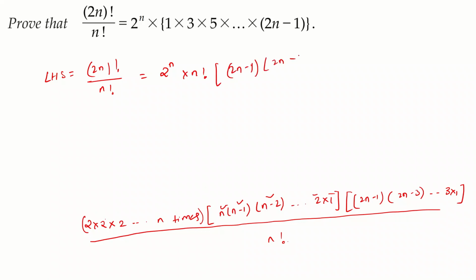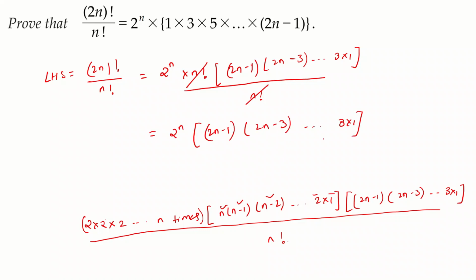I know that I have already got it, so I don't mess with it. And then whole divided by n factorial. This is why I didn't expand the n factorial in the denominator, because it was supposed to get cancelled out. So now what is left is exactly what we need. And if you write it down in the reverse order, it means 1 times 3 times 5 all the way up to 2n minus 1, then you are done, which is the right hand side.